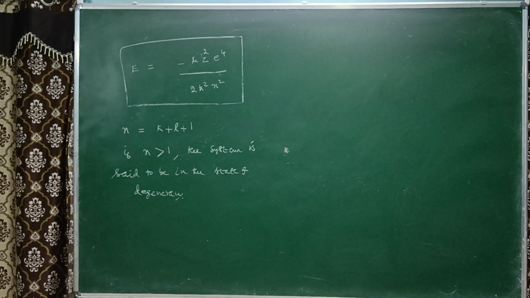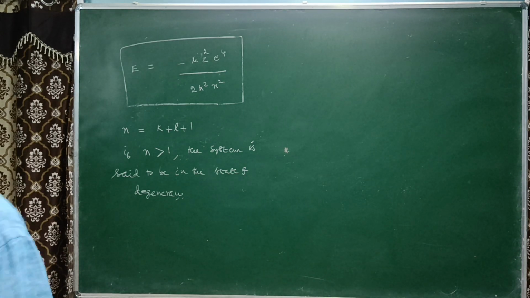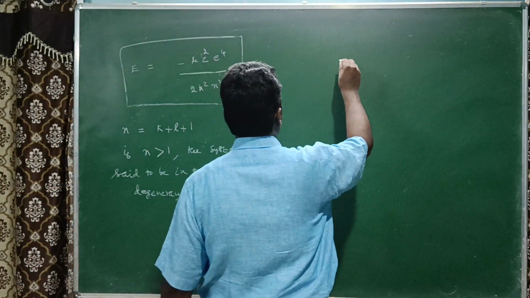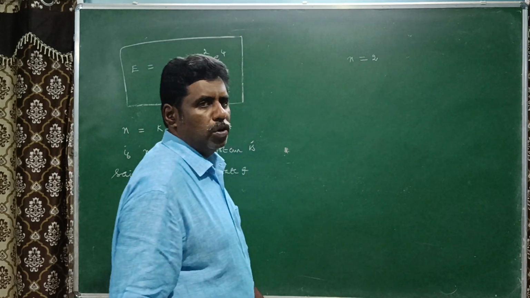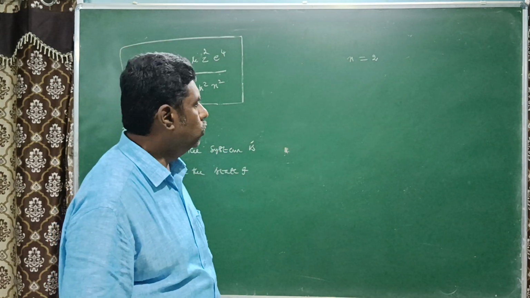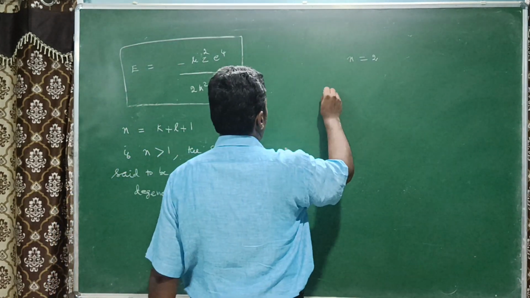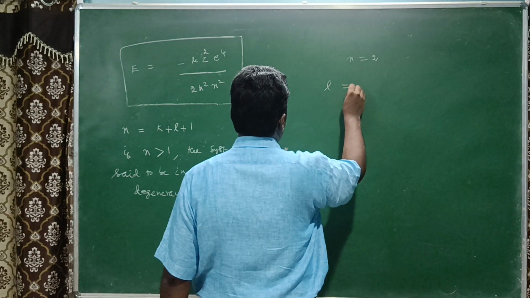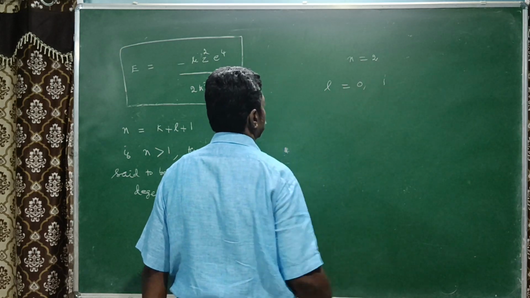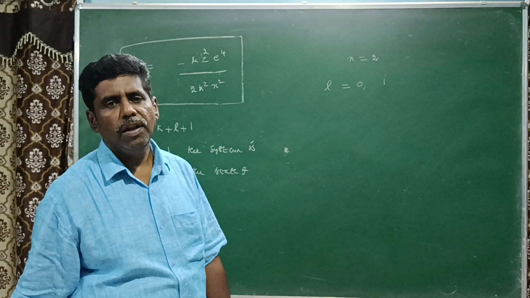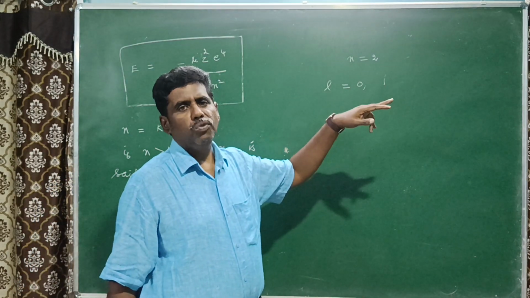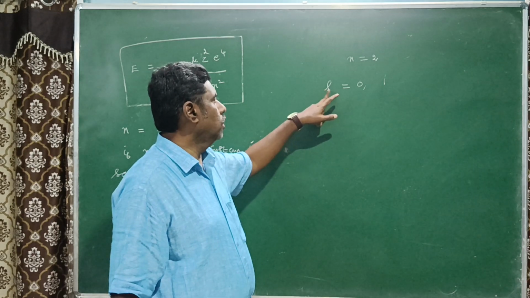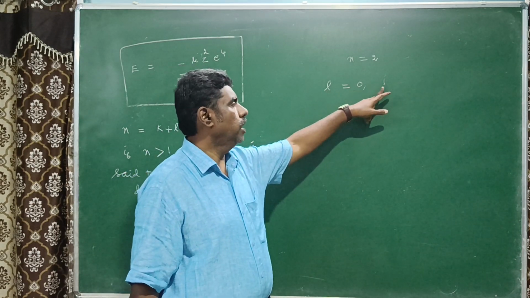To realize more about this, consider n equal to 2. The principal quantum number n equal to 2. The orbital quantum number values are 0, 1. For the given value of n, L can have 0 to n minus 1 values. So the possible values are 0 and 1.